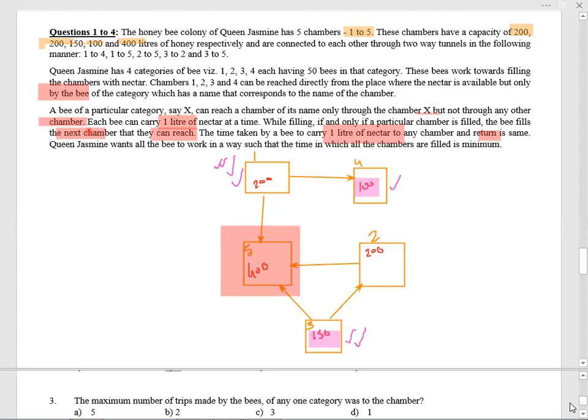And within 2 hours, for half an hour, all 3 can come here. So 150 filled up. And the next hour, all 200 can come.